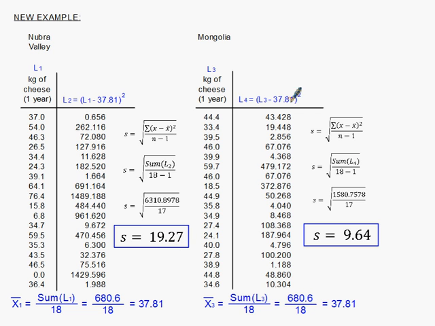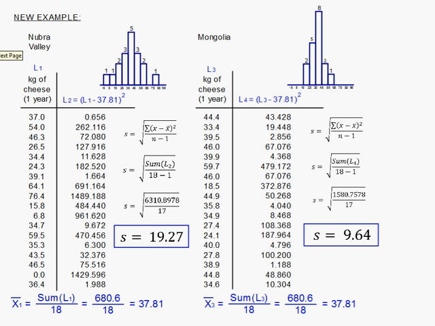Right? Now we do the same thing over here. We get actually a much smaller sample standard deviation. Notice that the means are nearly identical. The differences are pretty far out in the decimals. But the sample standard deviations are quite different. So that tells us something very important about the data.